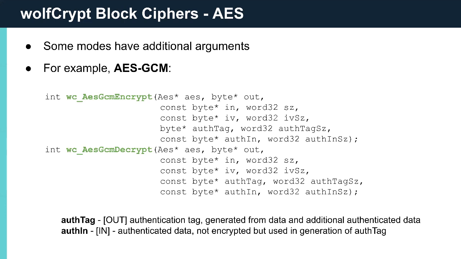So here you bring into the mix the auth tag and auth-in arguments, where auth tag is the authentication tag and auth-in is the authenticated data. If you remember that some data you can pass into AEADs, which isn't encrypted, but it's authenticated and becomes part of the authentication tag, that would be the purpose of the auth-in.